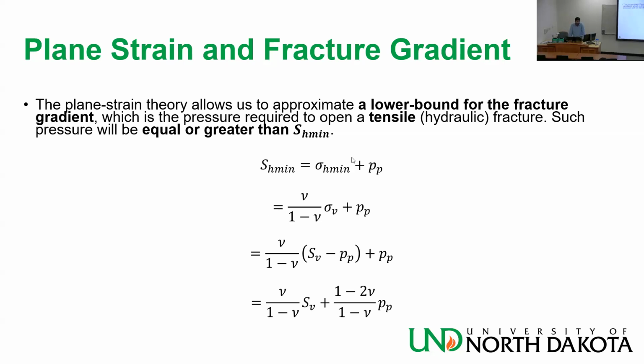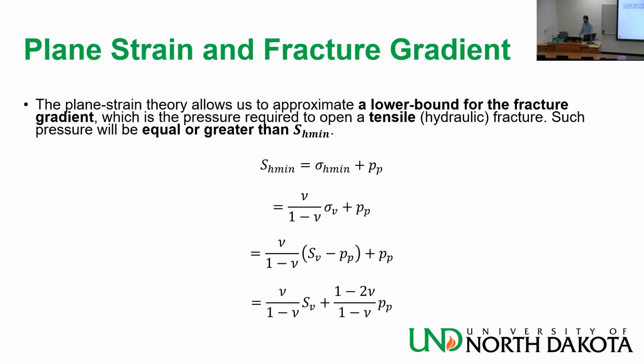But remember, this is only for when the fractures are opening against SH mean. If it's a reverse faulting stress state, the fractures won't be opening against SH mean, they will be opening against SV. So if you do leak-off testing in a reverse faulting stress state, you are really getting another indication for SV.